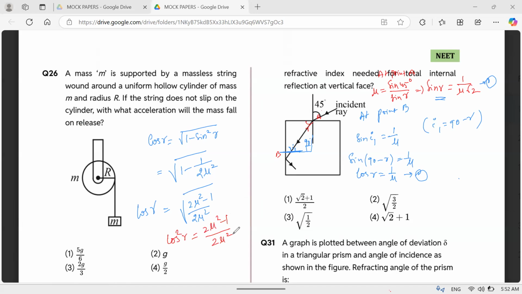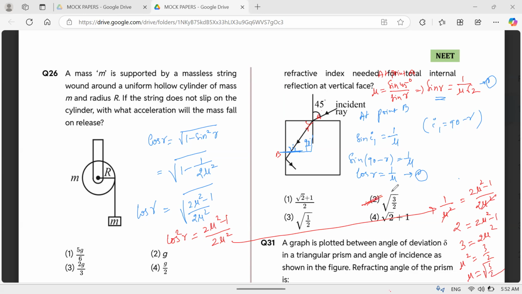Cos R value is 1 by mu, so this value will be 1 by mu square is equal to 2 mu square minus 1 divided by 2 into mu square. Mu square will get cancelled. So 2 is equal to 2 mu square minus 1. So it will become 3, that is equal to 2 into mu square. Mu square is equal to 3 by 2. So mu is equal to under root of 3 by 2. Second option will be the answer.